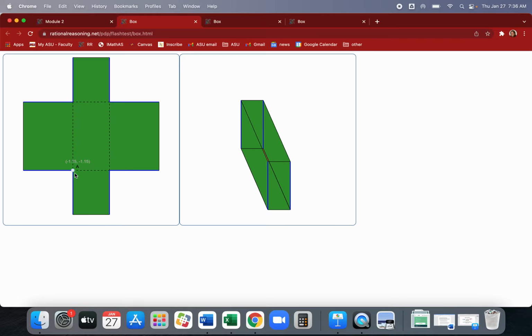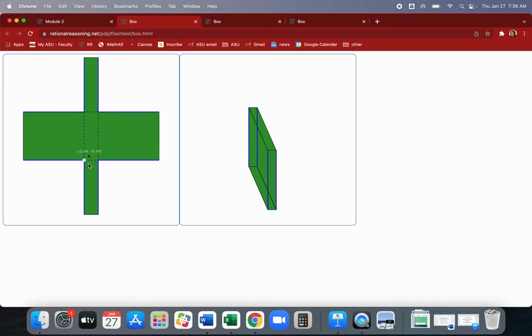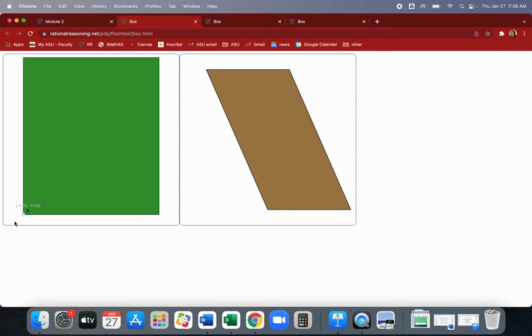4.25. So let's see, where'd you come up with 4.25? So 8.5 is the length of the smaller side. Okay. And so if you divide that by half, then that would just completely cut off. If I'm at 0 inches, then I don't have a box. I have nothing to fold up.